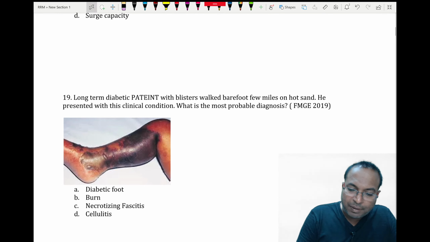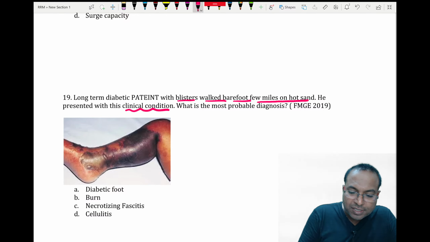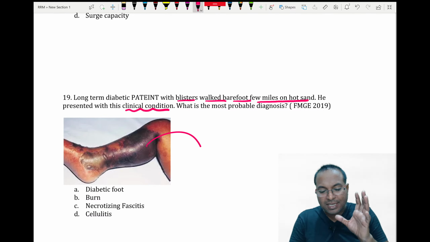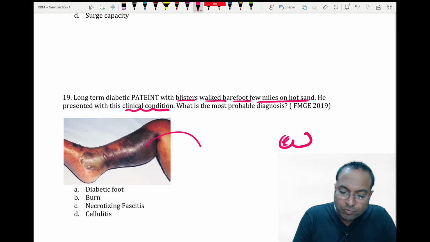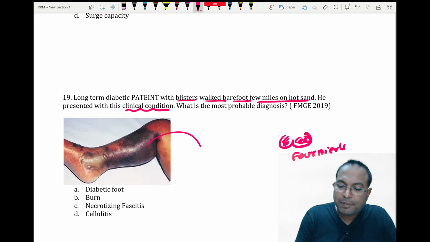A long-term diabetic patient with blisters walked barefoot a few miles on hot sand and presented with this clinical condition. This is gangrene of the skin. Similarly, gangrene of the scrotum is what we call Fournier's gangrene; that question was asked in NEET PG 2022.